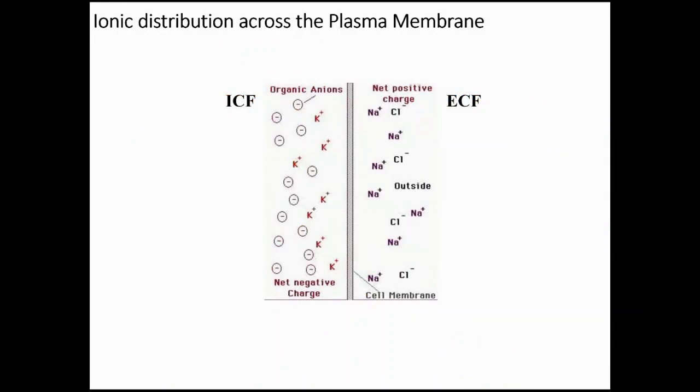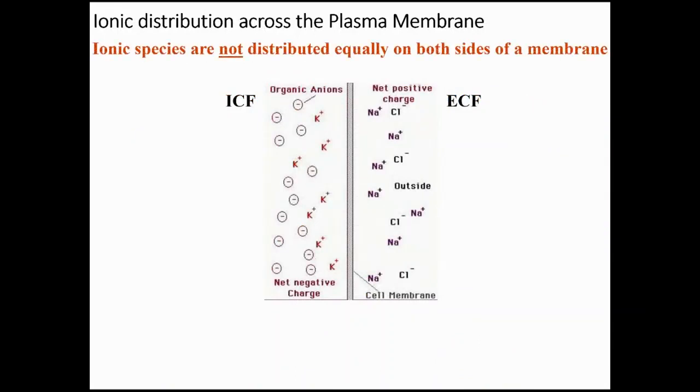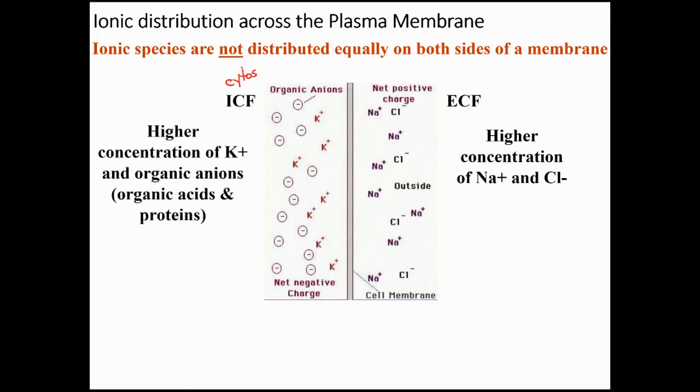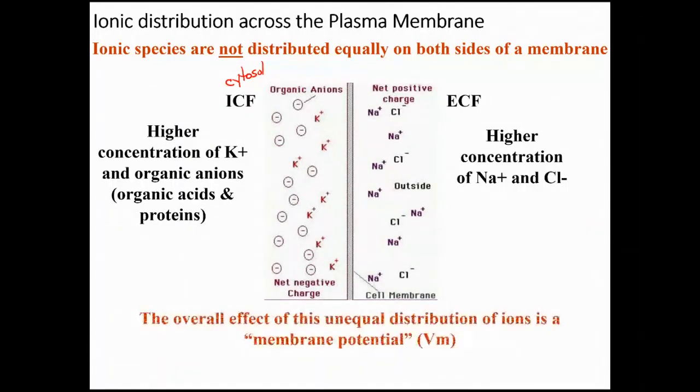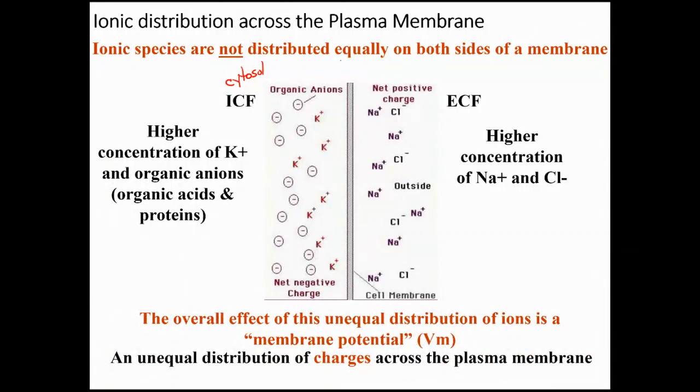All right. Ion distribution across the plasma membrane. Here we go again. And remember, intracellular fluid is the cytosol specifically. Ionic species are not distributed equally on both sides of the membrane, as we just said. In the extracellular fluid, we have mostly sodium and chloride outside, correct? Whereas in the intracellular fluid, we have mostly potassium inside, and of course organic anions, those fixed anions.